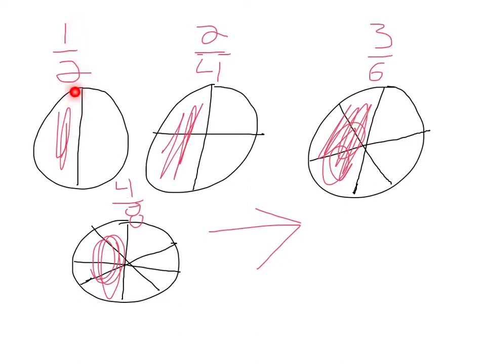If a pizza is cut into 2 slices and I eat one, that is 1/2 the pizza. If it's cut into 4 and I eat 2, I have eaten 1/2 the pizza. If it is cut into 6 and I eat 3, again, I have eaten 1/2 the pizza. If it's cut into 8 and I eat 4, I've eaten 1/2 the pizza.